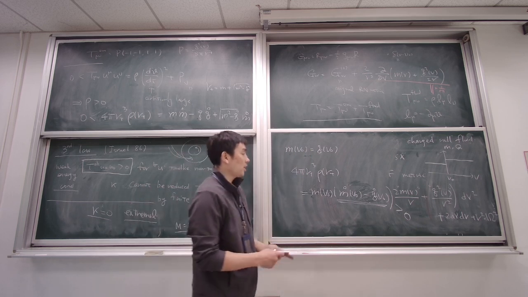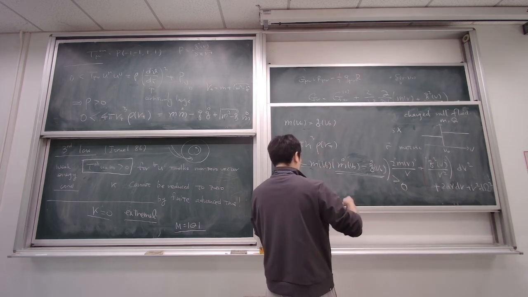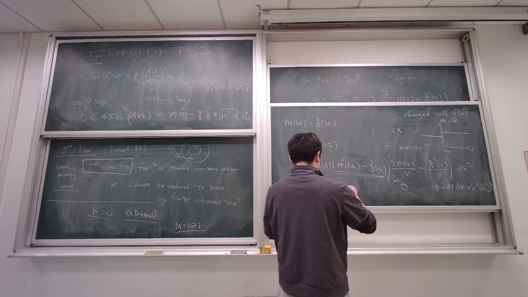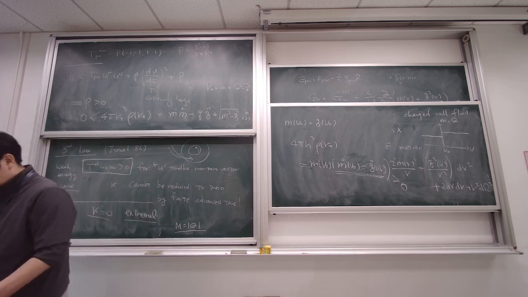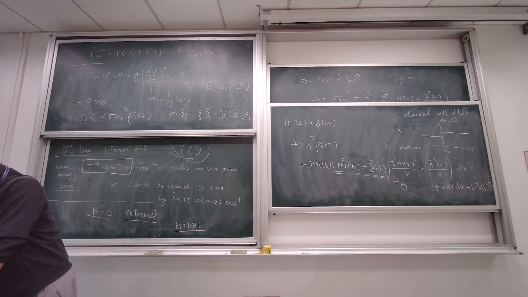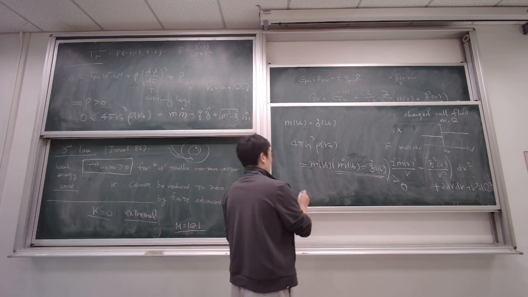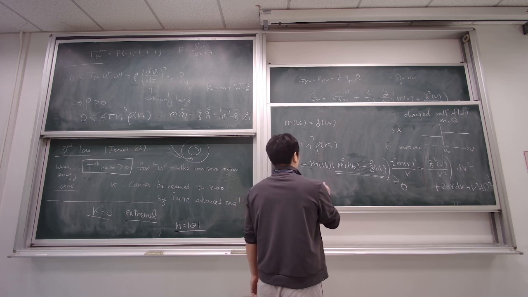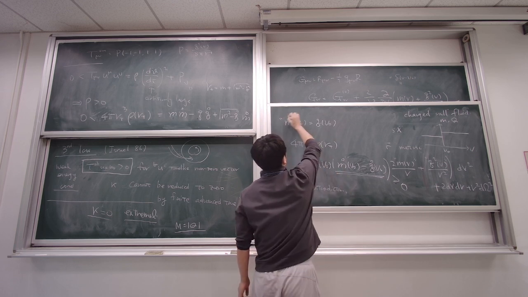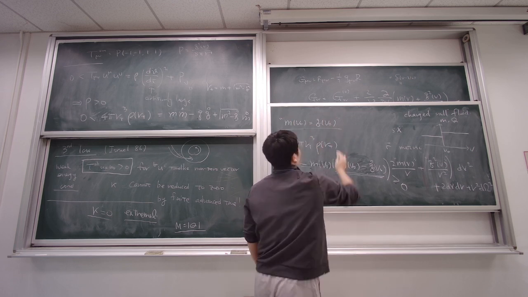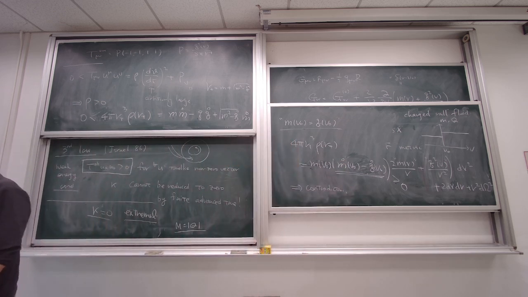So this contradicts the extremality of the black hole. Therefore, you cannot achieve this with a finite amount of time. So that's one way to derive it.